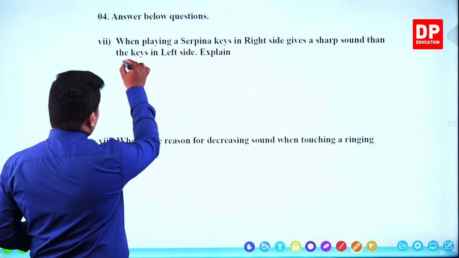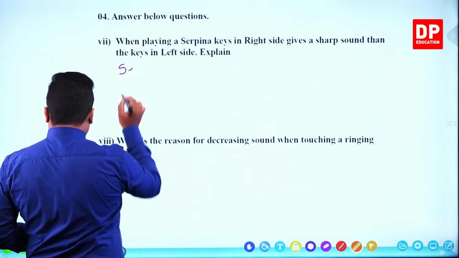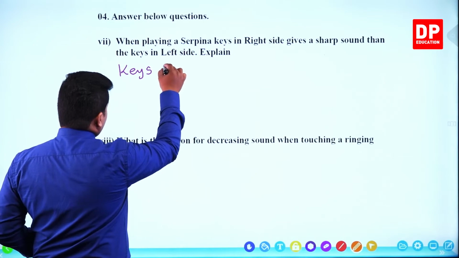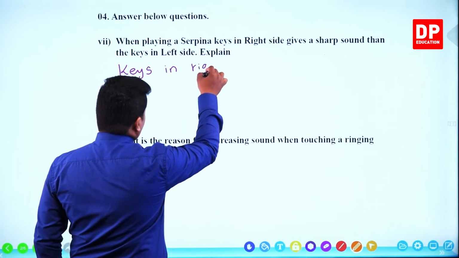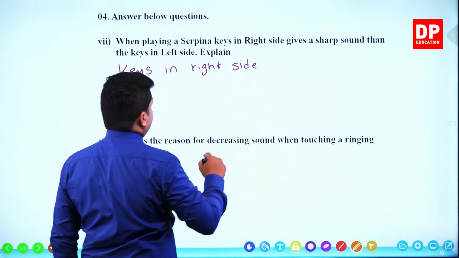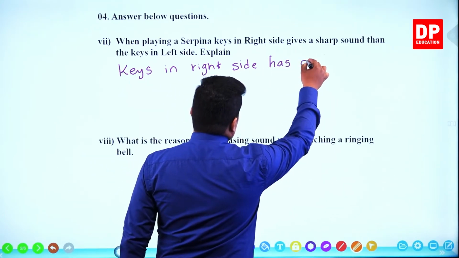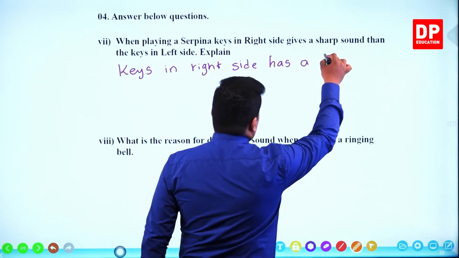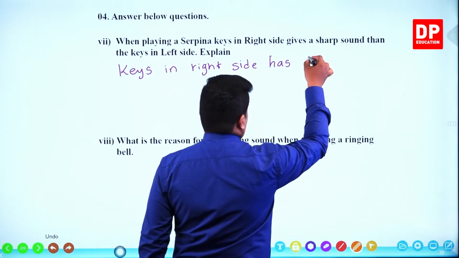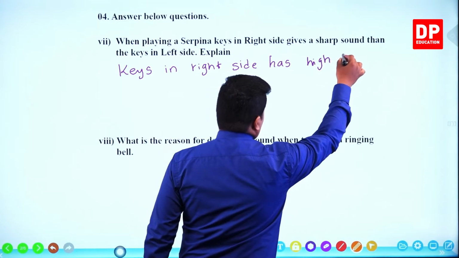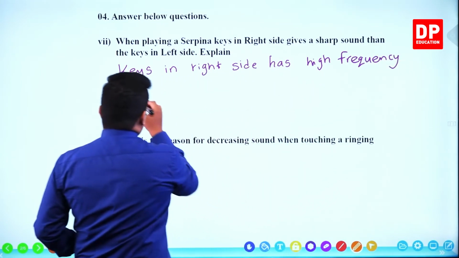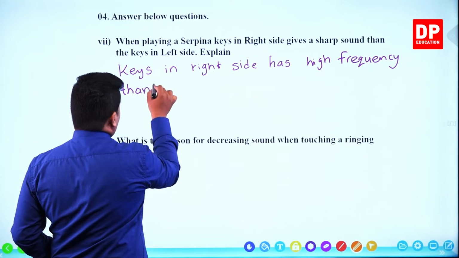The reason is that the keys on the right side have high vibration, high frequency, than the keys on the left side.